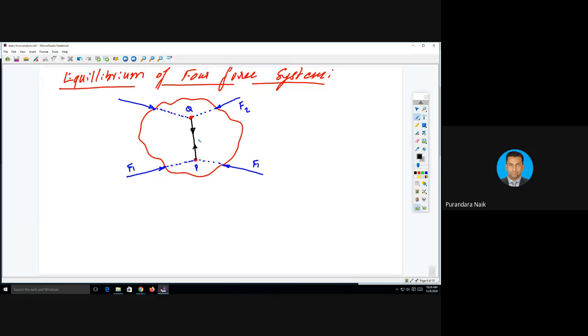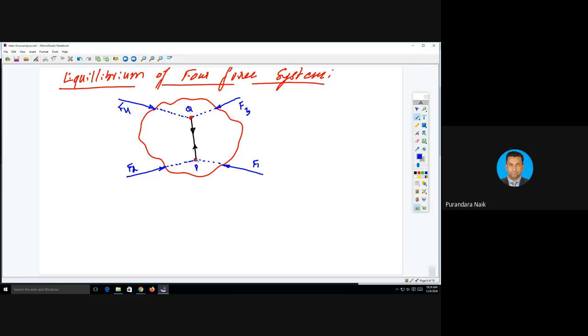Copied? Okay. See, let us consider this is F1. Sorry, this is F3. This is F4. This is F1 and F2. Okay. See, there are four forces acting on a body, and let us consider F1 and F2 intersecting at a point.